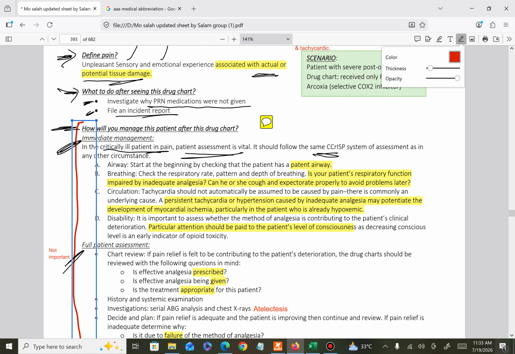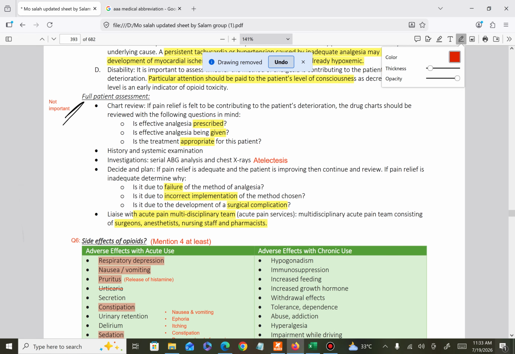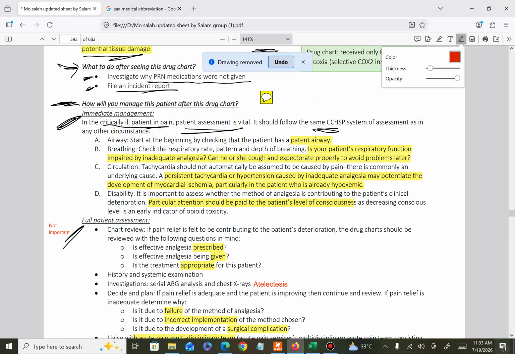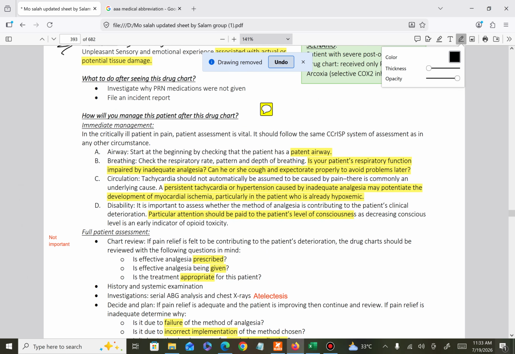So first we have to look at the airway. Start at the beginning by checking that the patient has a patent airway or not. Then breathing: check the respiratory rate, pattern and depth of breathing.